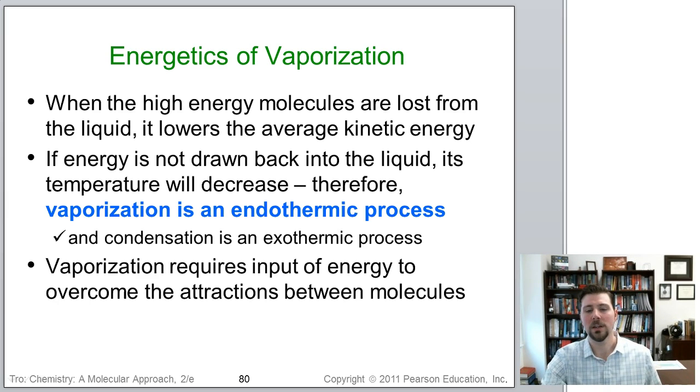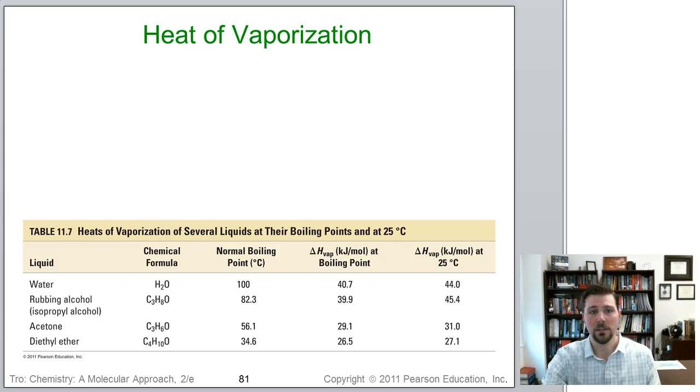So vaporization requires an input of energy. It has to absorb energy to overcome all of the attractions between the molecules to escape from the liquid phase into the vapor phase. Here we have some thermochemical data. We've got delta H of vaporization, delta H vap usually is how we'll say it, at the boiling point or at 25 degrees C, and that tells us how much heat change is necessary to allow the process of vaporization to happen.